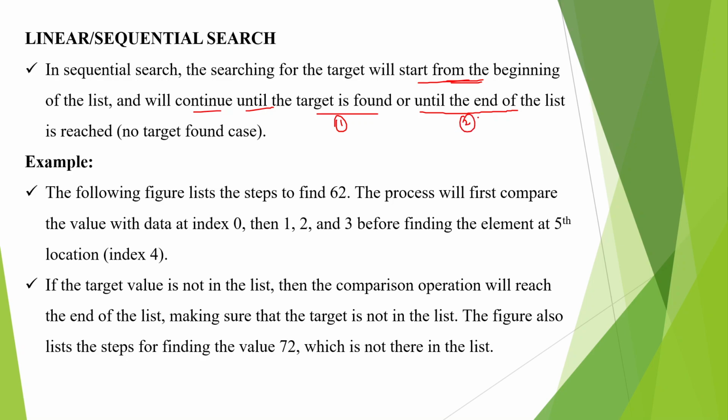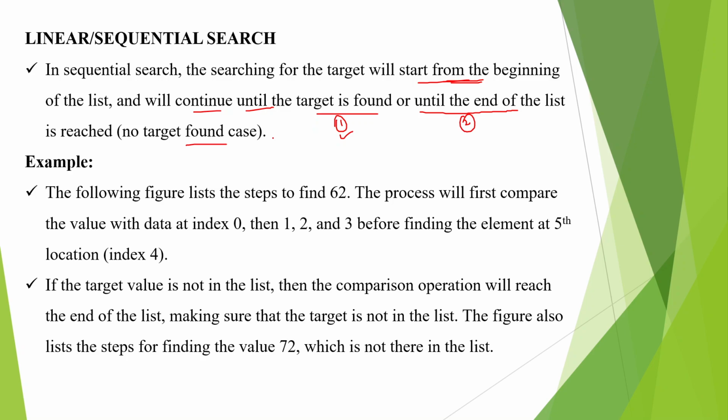This is the second condition where the algorithm will stop. If the target is found, the algorithm stops there itself and returns the index value. And if the target is not found in the list, the algorithm searches till the end of the list, and once the end is reached, that is the no target found case, there the operation will stop.